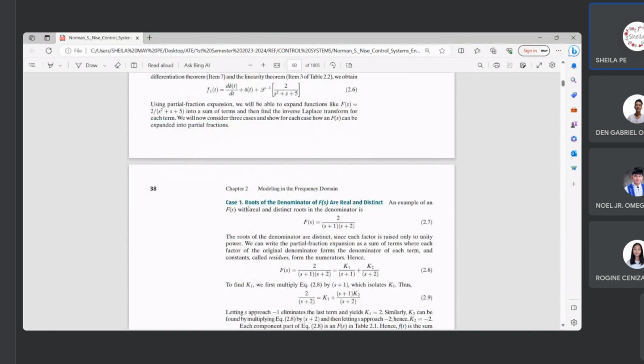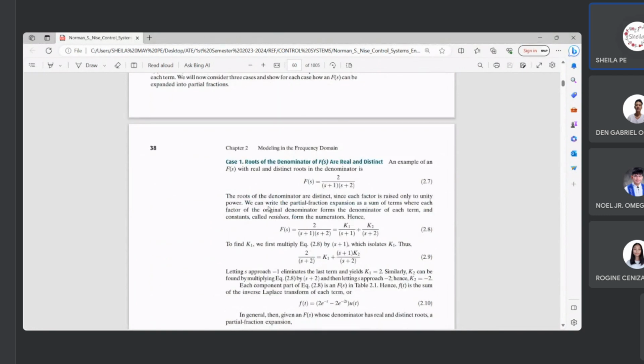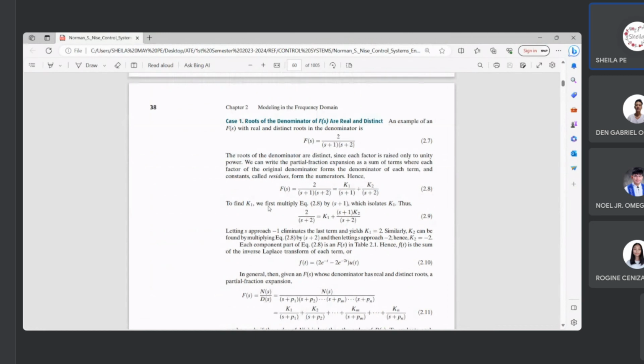So we have our case 1. Okay, let's go on with the case first. So if we have the roots of the denominator of F of s real and distinct, okay, real and distinct class is linear lang siya. Naka-linear si numerator, linear or maybe some quadratic but in simpler terms. And also, our denominator class is on simpler terms lang po siya. Wala siya mga complicated.